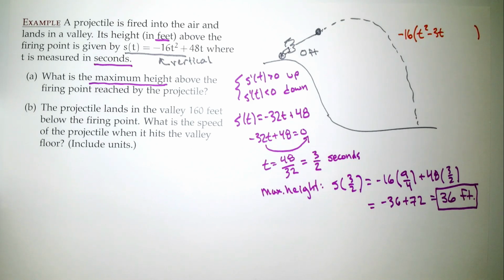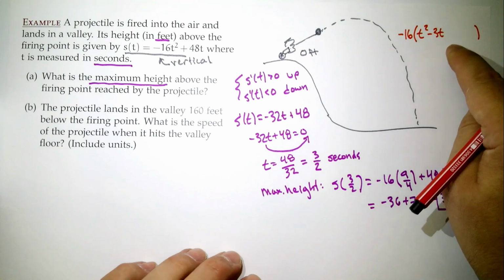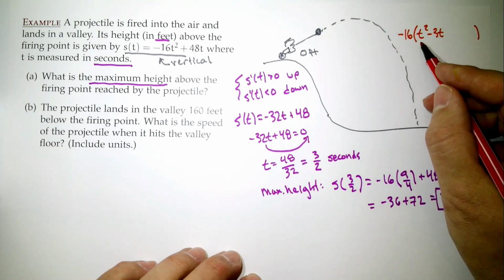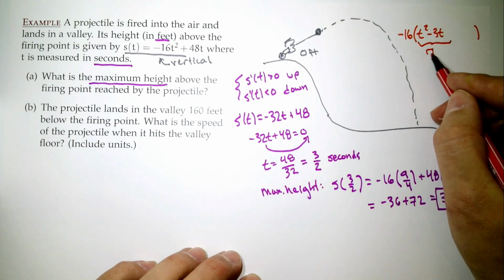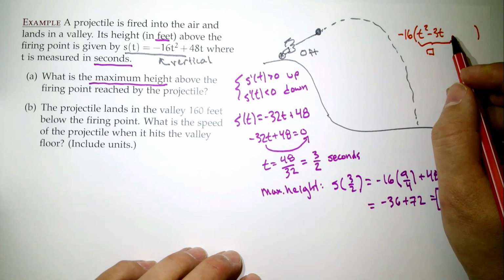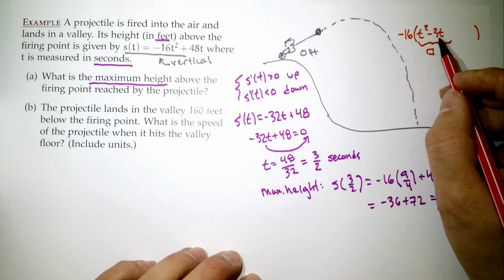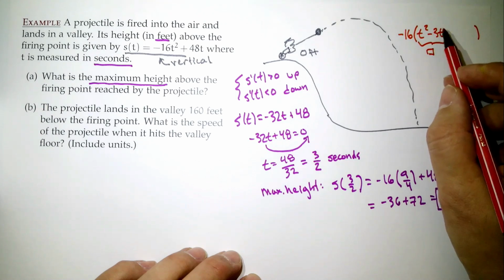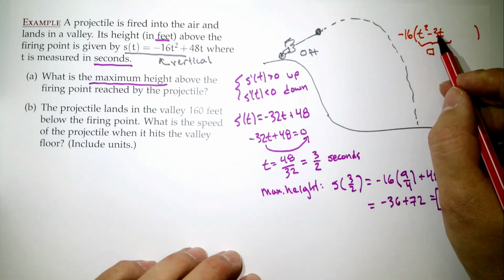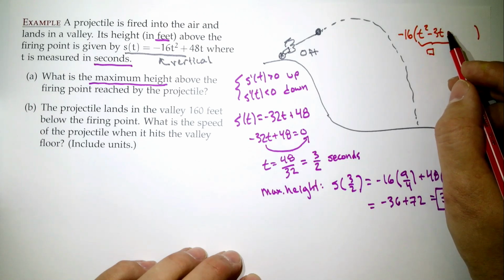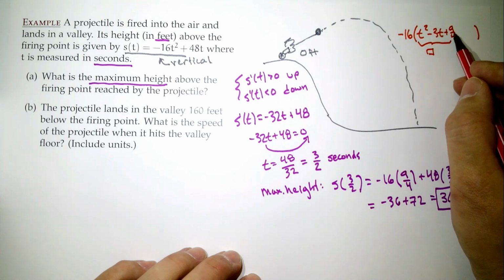So I want to complete my square. T squared minus 3t, what would I need to add here so that this could be a perfect square? You would divide the middle term by 2, negative 3/2, and then square it, which means you'd add 9/4 here.